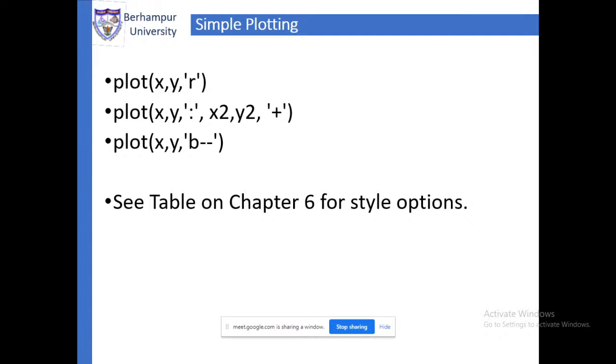Now simple plottings. You can do simple plottings. Plot xy will plot xy. If you write plot xy comma r, it will plot xy, but the color of the plot will be red. If it is only xy, the color of the plot will usually be blue or black. Now you can write plot xy, then comma colon within quote marks, which means xy will be plotted not as a line but as colons.